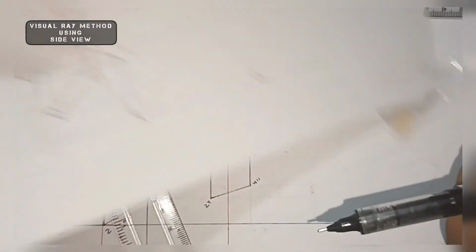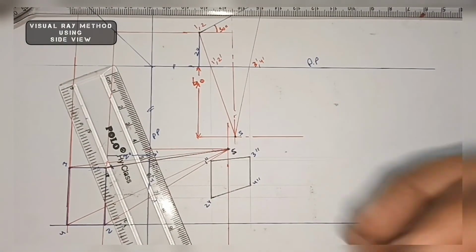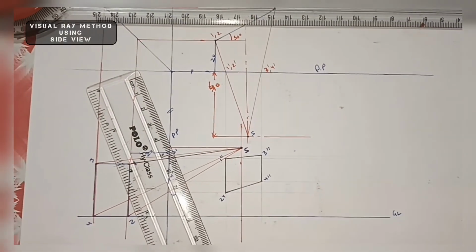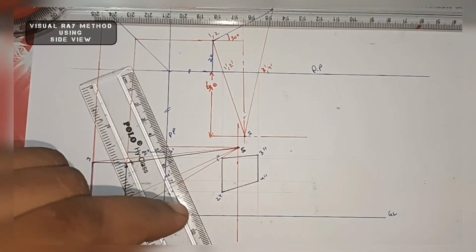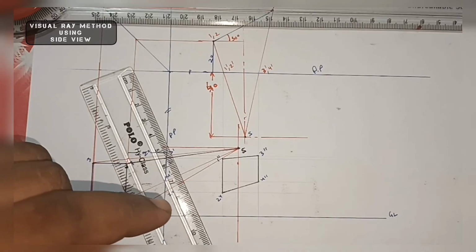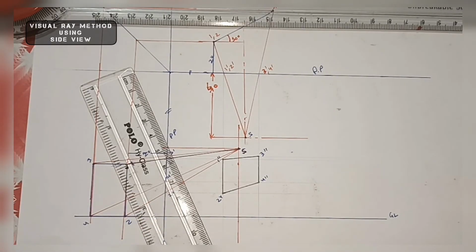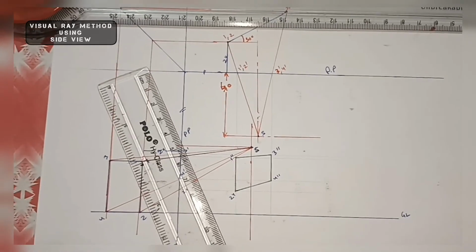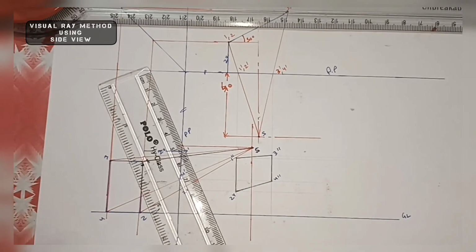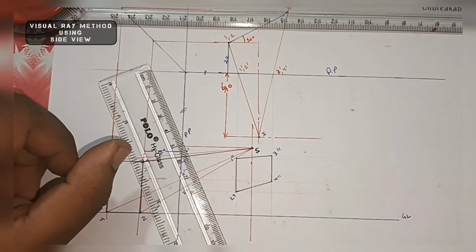So this is the method of how to find the perspective view of a plate by using the visual ray method. Okay, now we are heading to the assignment problem.